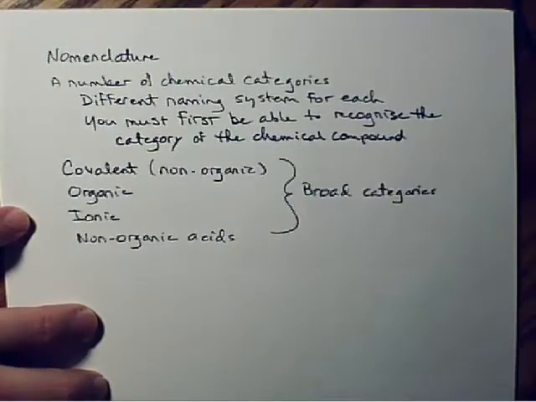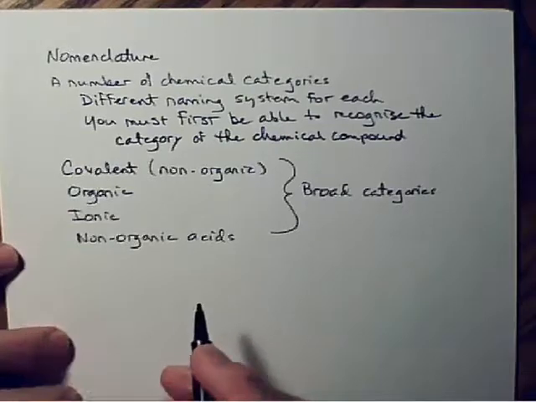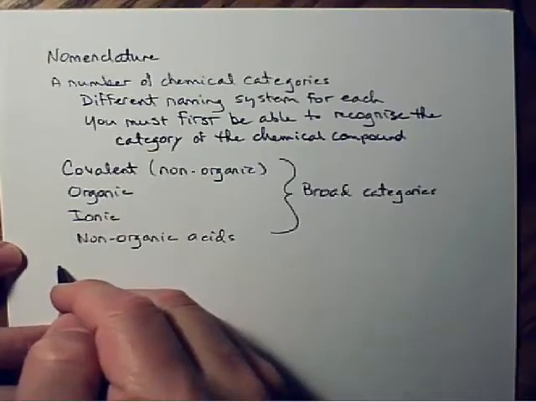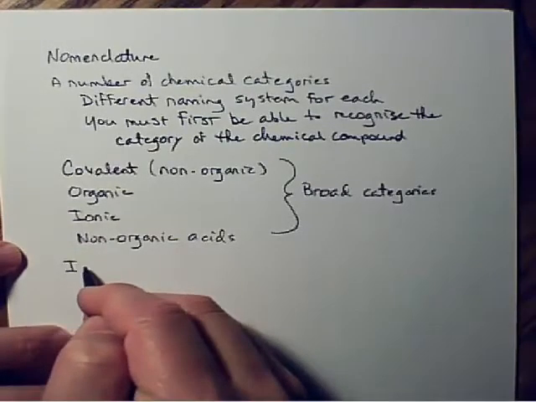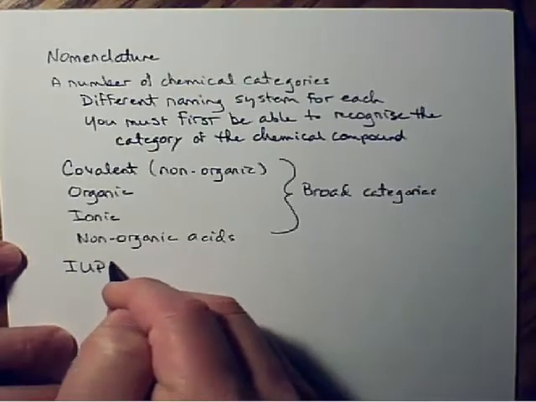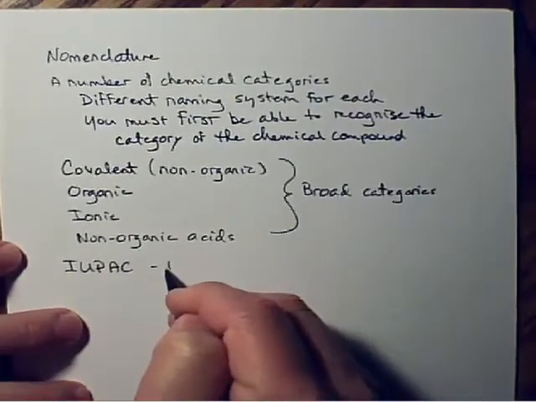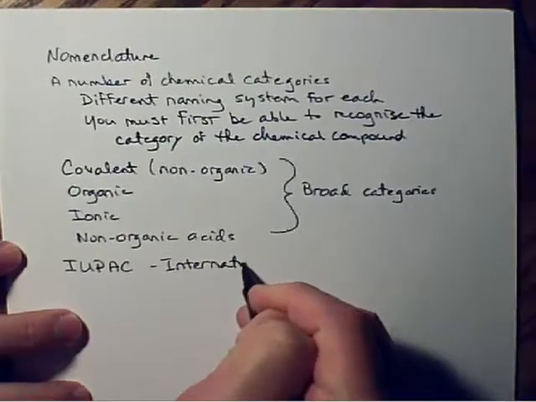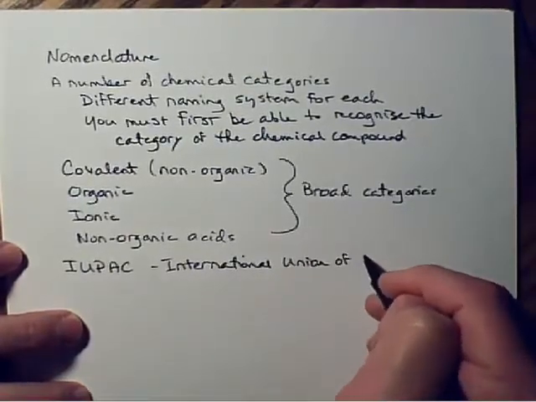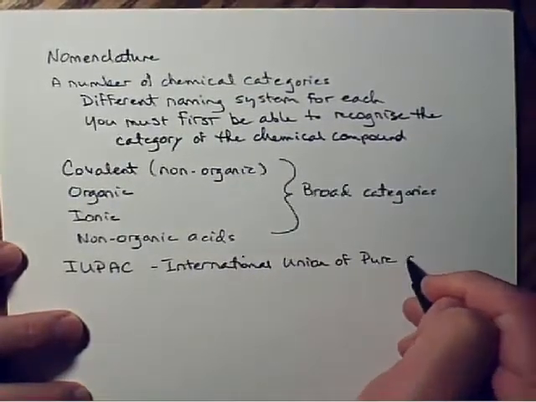There are even some common names for things that don't really fit the classification system. But the classification system we're going to be using is set up by a group or an organization called IUPAC. And that's the International Union of Pure and Applied Chemistry.